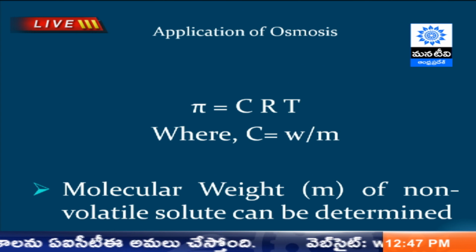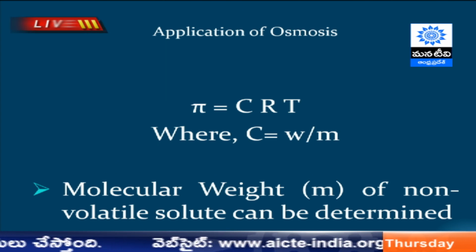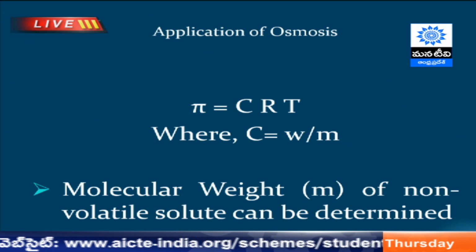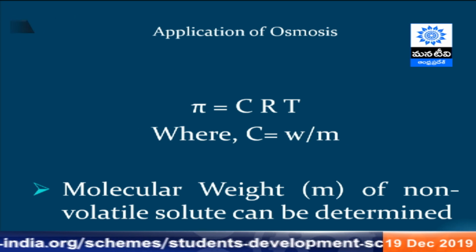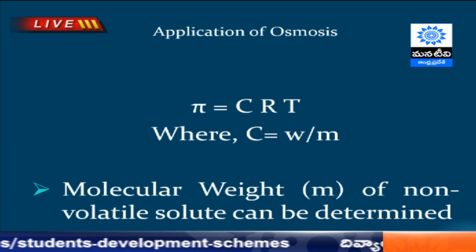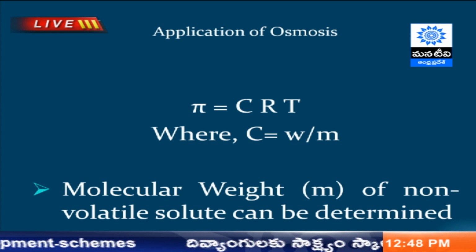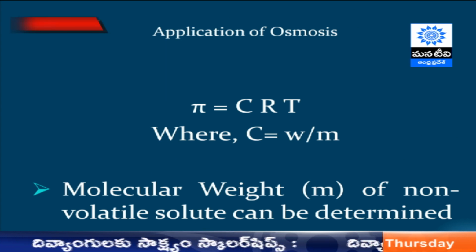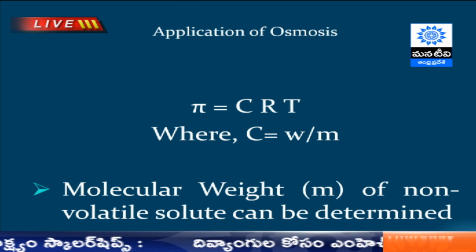There is an application of osmosis. You can see that pi is equal to CRT. Now, C is concentration, as already discussed. What is concentration? It is weight by molecular weight of the solute.